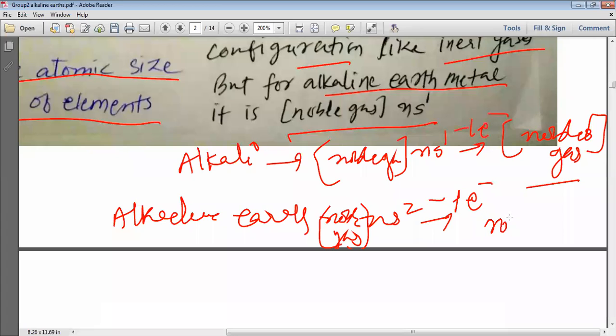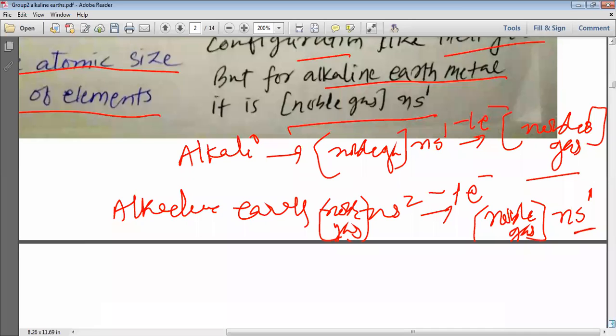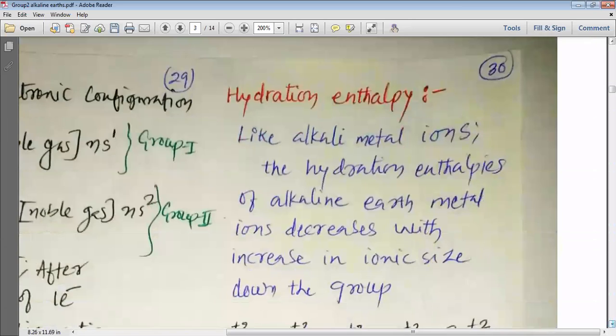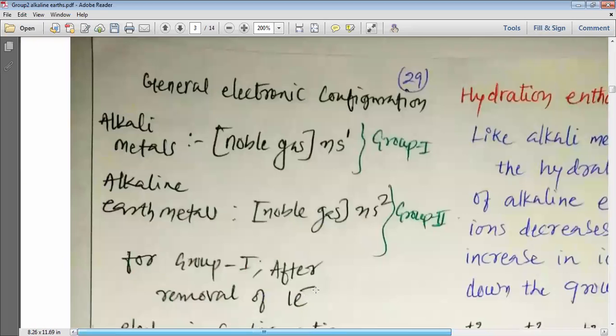They have the electronic configuration like noble gas ns1. So still one electron is available in the shell. They do not have exactly the noble gas electronic configuration, and that is why it is easy to remove the electron from the M plus ion of the alkaline earth metal. So the general electronic configuration for alkali metal is noble gas ns1 for group 1.